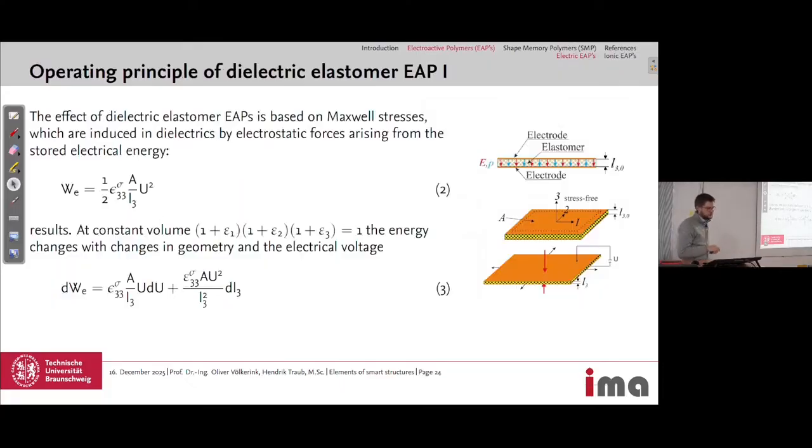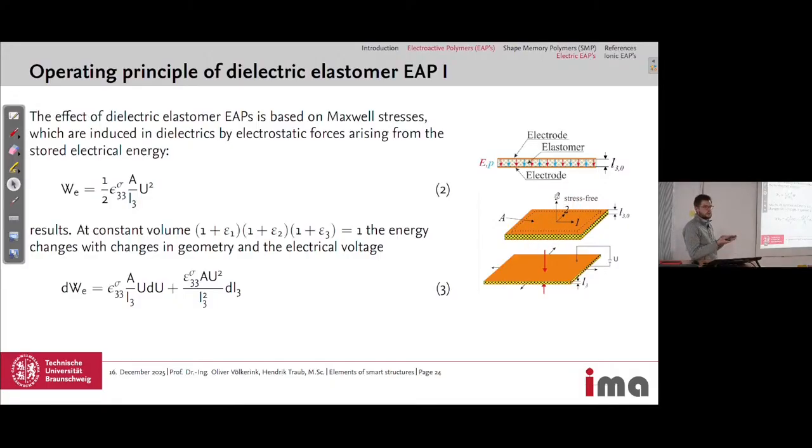And if we now apply an electric field again, so we have the electrodes with the elastomer in between, a field in this direction, we would attract the electrodes against each other and deform the elastomer in between.